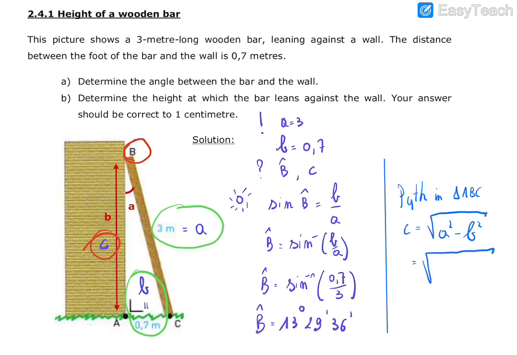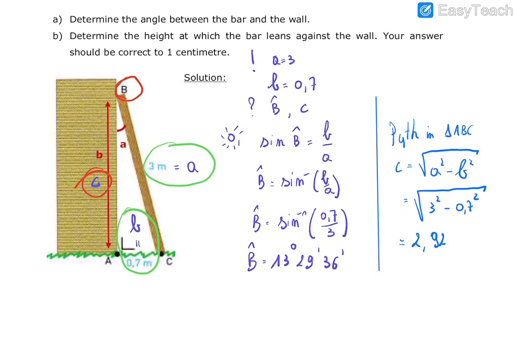And therefore the square root of 3 squared minus 0.7 squared, and that equals, and we're going to round that at 1 centimeter, so that means 2 digits behind the comma, 2.92.